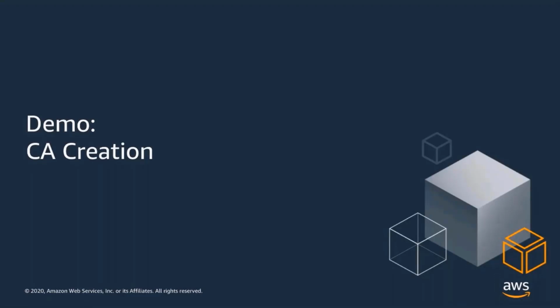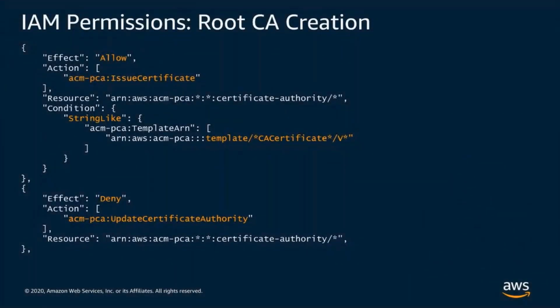I mentioned after we created the CA, we'd talk a little bit about putting permissions in place. This is a set of IAM permissions which a number of our customers have put on root certificate authorities to enable two-person access. Two-person access is when you need two individuals to be able to utilize a root CA, and that one person alone would not be able to utilize the service.